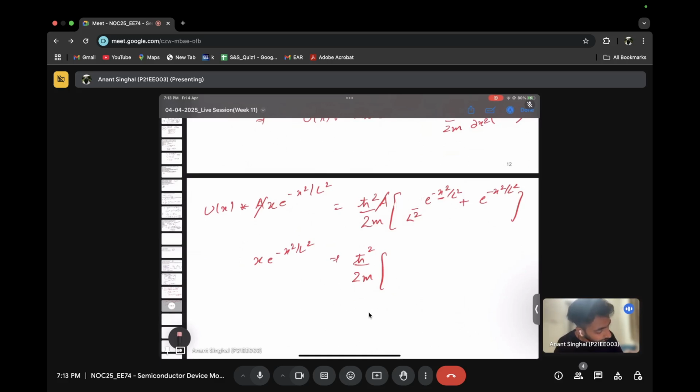The double differentiation will be, okay, it will be a long term again. So minus 2 L square, x will be as it is. Then, how come? Where is the cube? I'm not sure. So it is again 2.